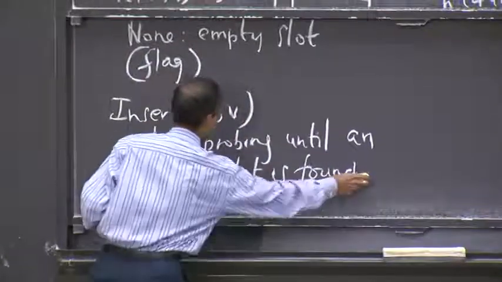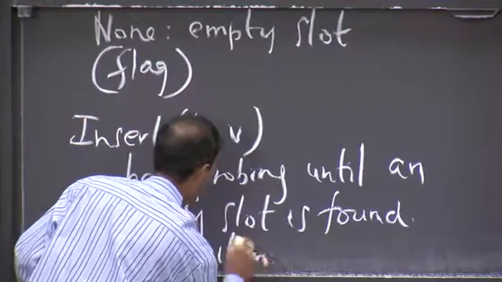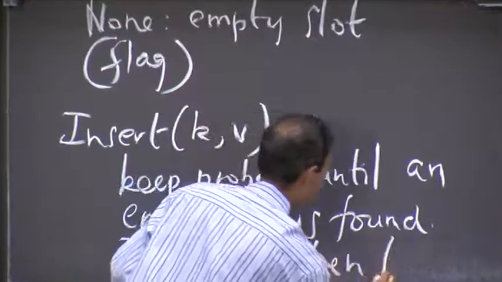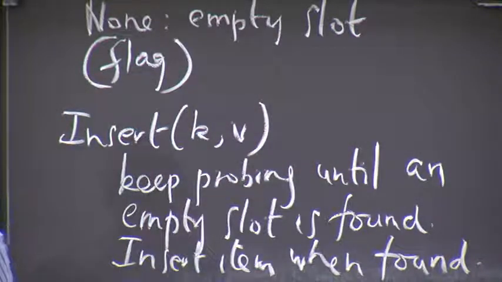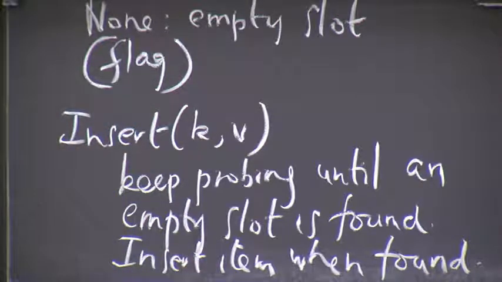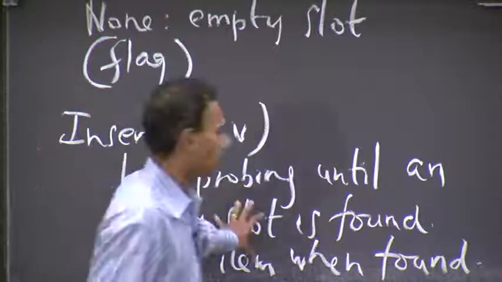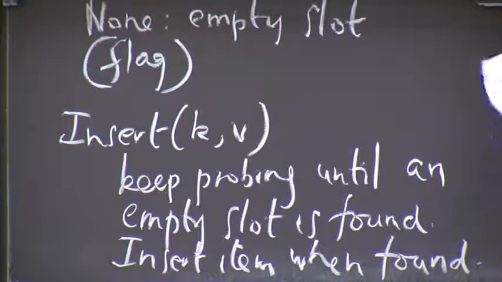And then when it's found, insert item. And as long as you have the permutation property that we have up there, and given that m is greater than or equal to n, you're guaranteed that insert is going to find the slot. Okay? That's the good news. Now, it might take a while, and so we have to talk about performance a bit later, but it'll work.